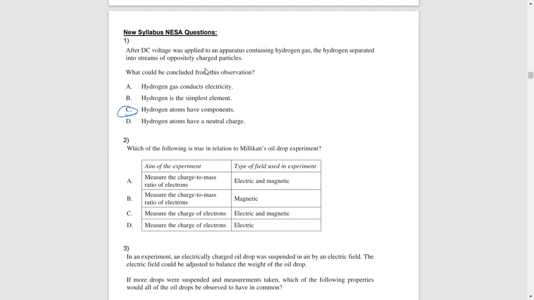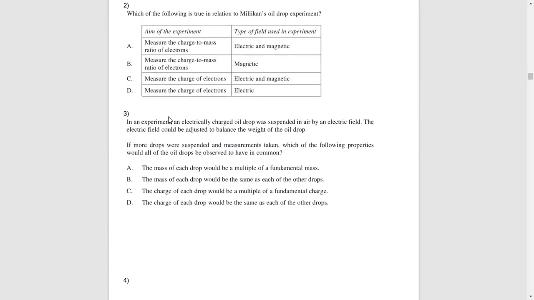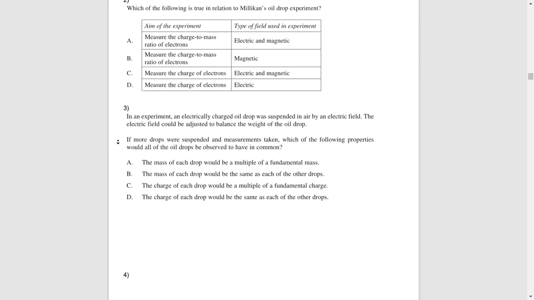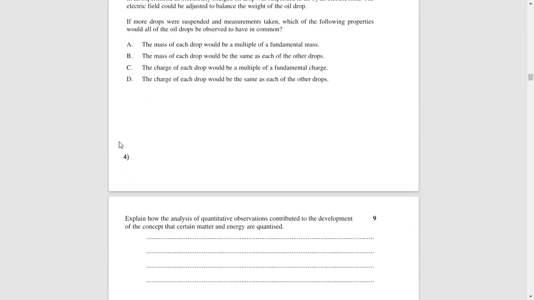Which of the following is true in relation to the oil drop experiment? The aim of the experiment was to measure the charge of the electron, and the field used was just electric to keep it up. In an experiment, an electrically charged oil droplet was suspended in air by an electric field.